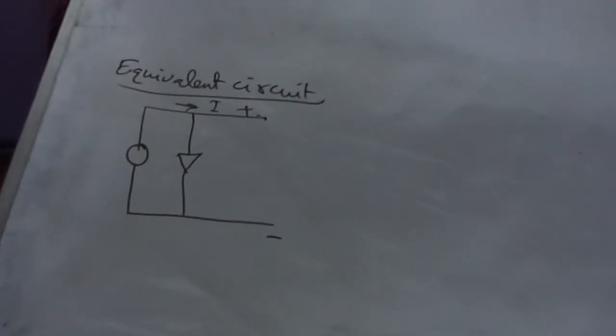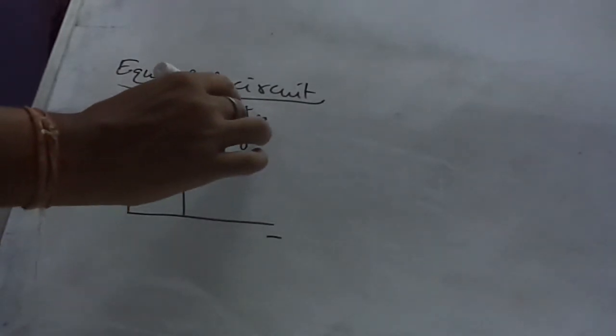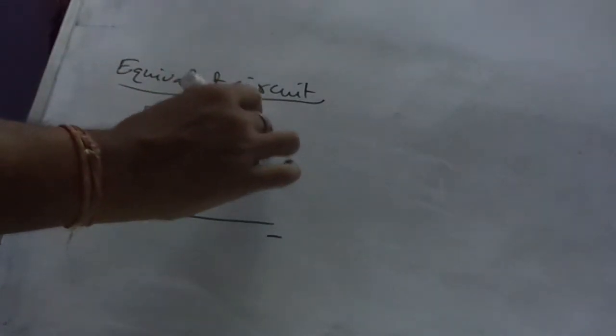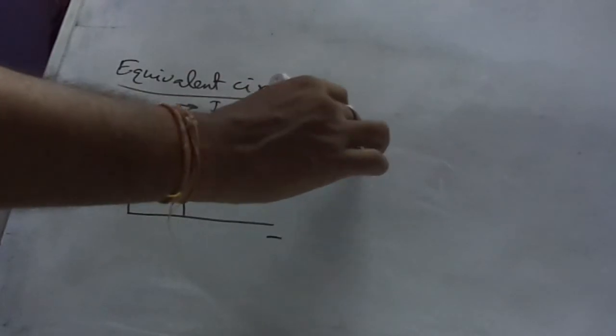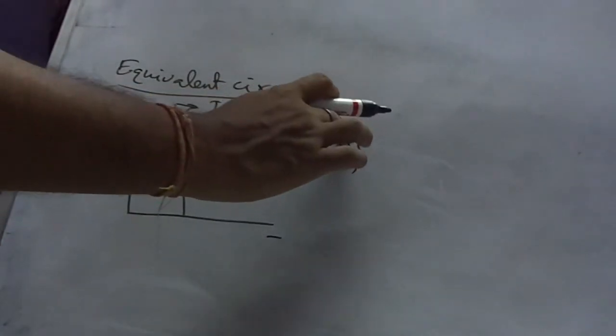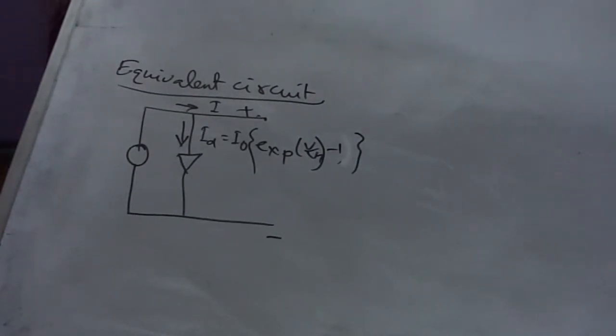This one is I0. ID is equal to I0 exp(V by Vt) minus 1.